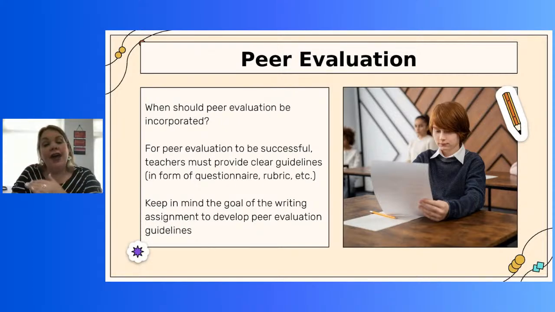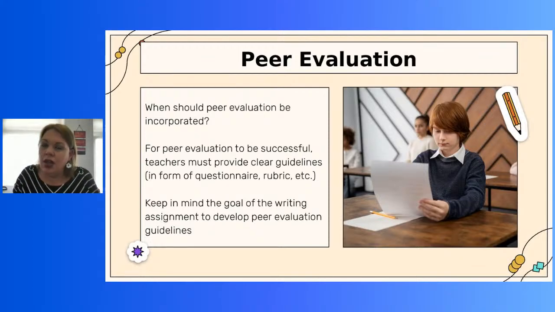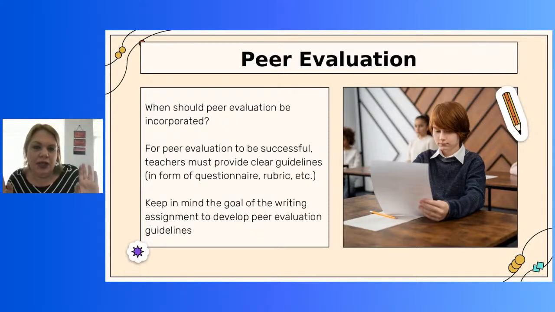So if I have the teacher intervene in the drafts before the students intervene, we might have a problem. Because if the teacher has already gone through correcting or changing or suggesting or whatever, what are the peers going to do? If it's already been revised by the teacher, the peers are going to say, I have nothing to do here. The teacher already told you what to do, right?